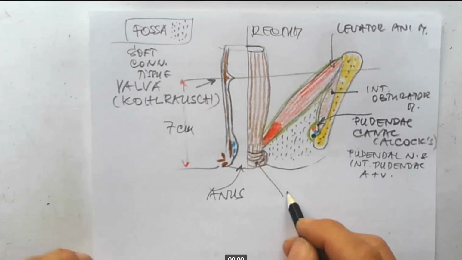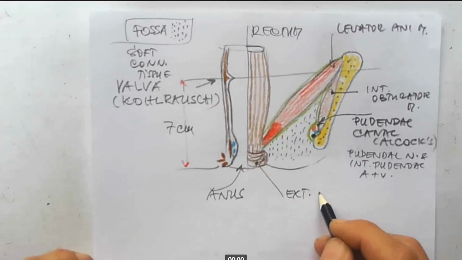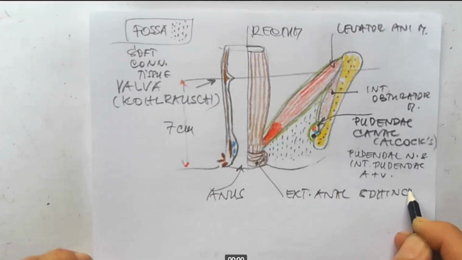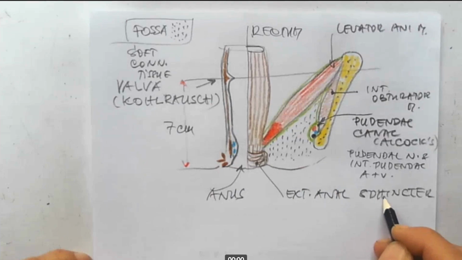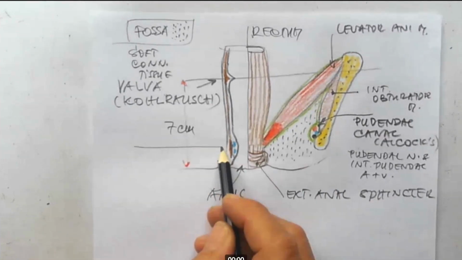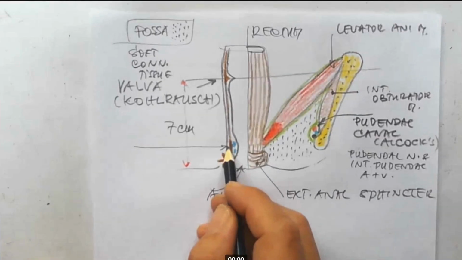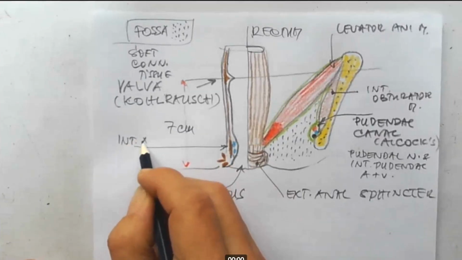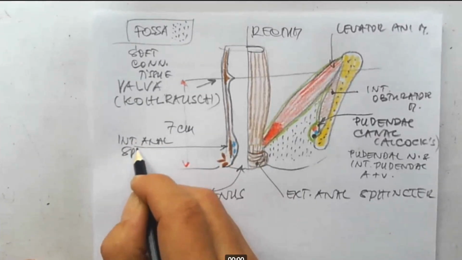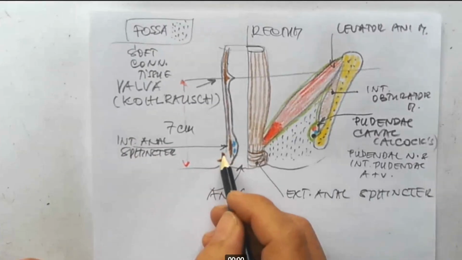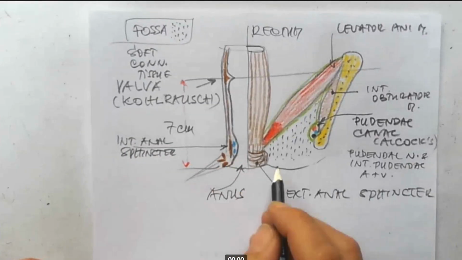That one is the external anal sphincter, external anal sphincter. Yes, the same here. So on the opposite side, we see the brownish thick line is the internal anal sphincter, and that one, three portions represented by this.